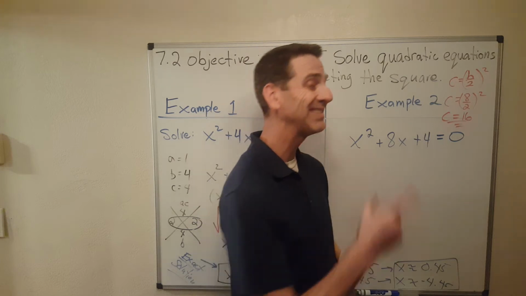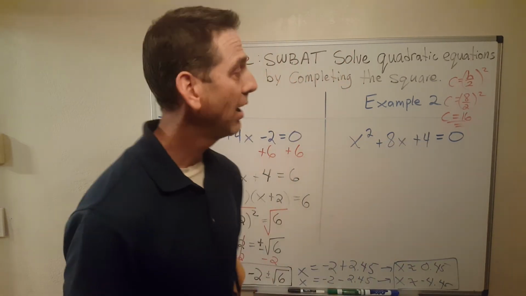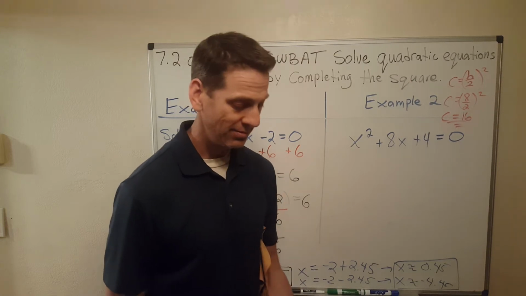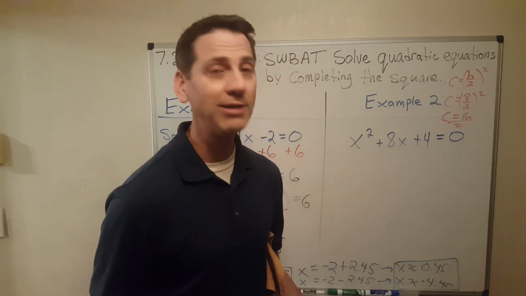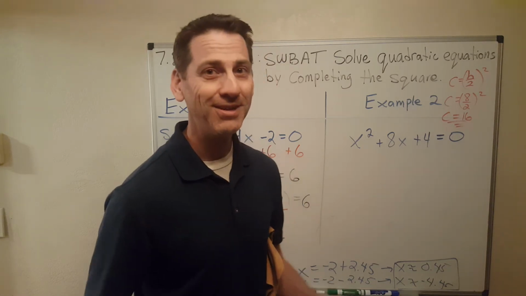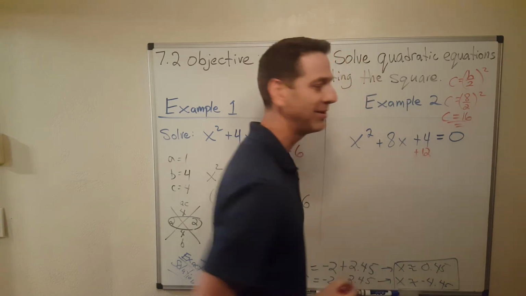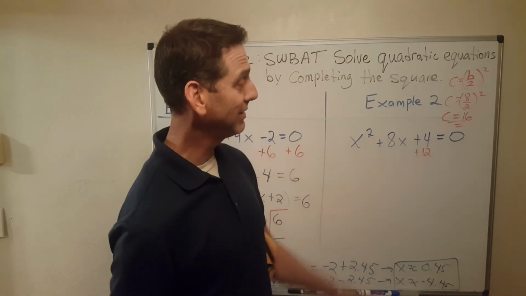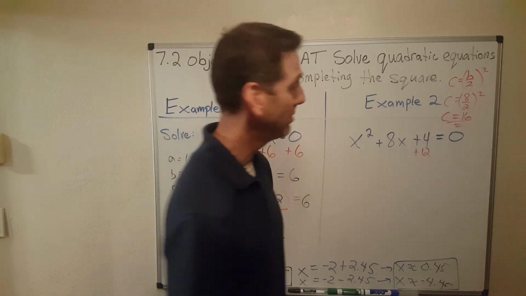The problem is it's not 16, it's only 4. Okay, how do I make it a 16? Well, very simple. If you've got $4 and you need $16, how much money do you need to borrow? You need 12 bucks, don't you? So I'm going to add $12 to this guy's account. Now he's got 16. But here's the deal. You've got to do it to the other side as well.